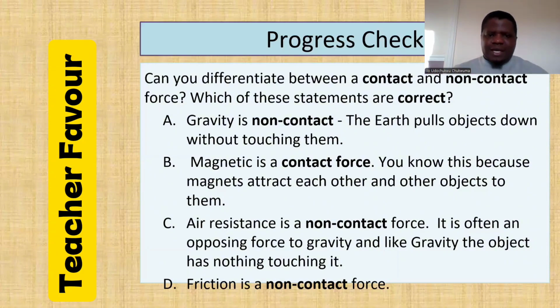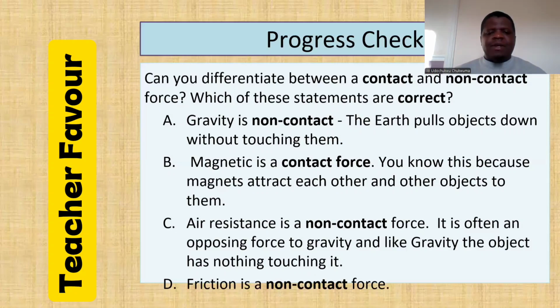So let's look at a question on the screen. It says, can you differentiate between a contact and a non-contact force? Which of these statements are correct? Option A. Gravity is non-contact. The earth pulls objects down without touching them. B. Magnetic is a contact force. You know this because magnets attract each other and other objects to them.